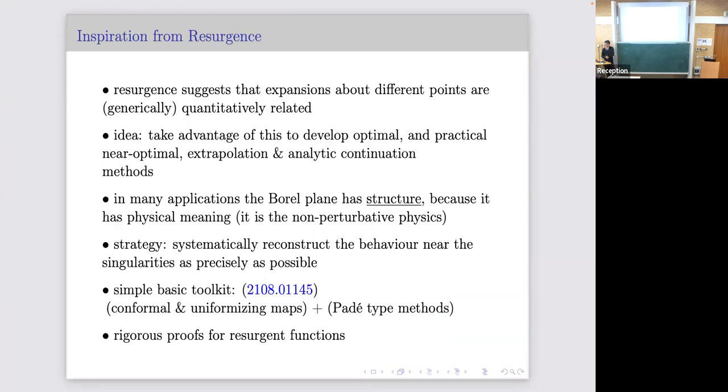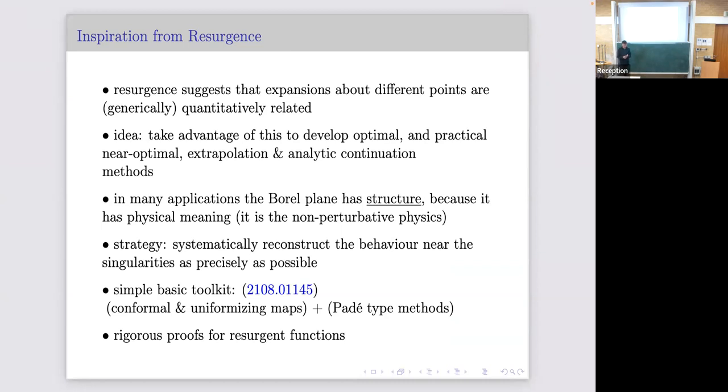So some inspiration from Resurgence. Resurgence suggests that expansions of a general physical function should be related as expansions about different points. And generically, these are not just analogies, they're real quantitative relations between expansions.